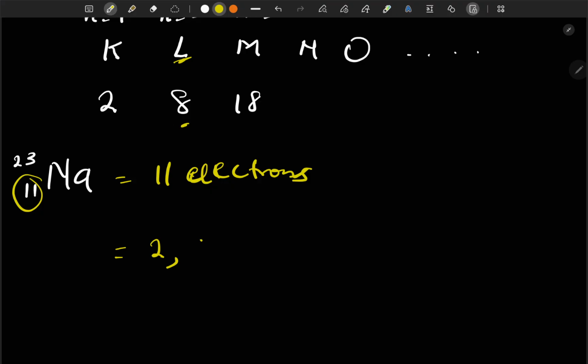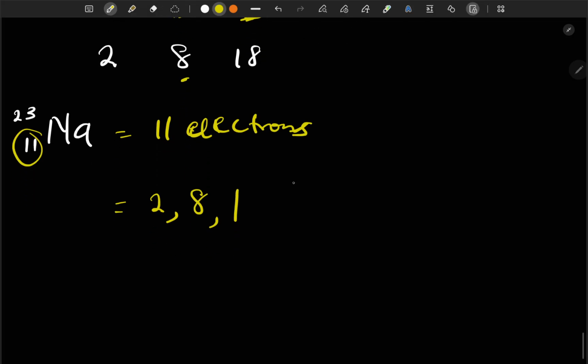So 8 will go into the L shell, comma. Then we have just 1 electron left, because 2 plus 8 is 10, and taking it away from 11, we have 1 electron left. So we put the remaining 1 electron in the next shell, which is the M shell, that is 2, 8, 1. And this is the shell electronic configuration of sodium.